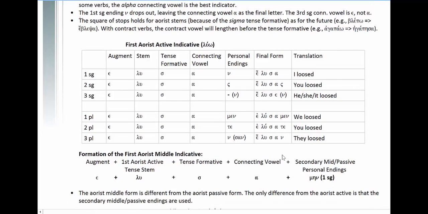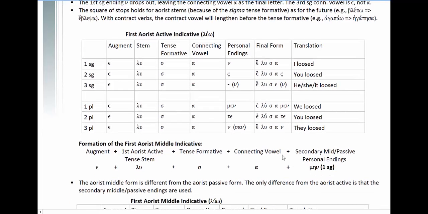The last thing here is that the square of stops holds for the aorist stems because of the sigma tense formative. As for the future, for example, if you have blepo, you have a P there, and that P sound, when combined with a sigma sound, basically gives you blepso.